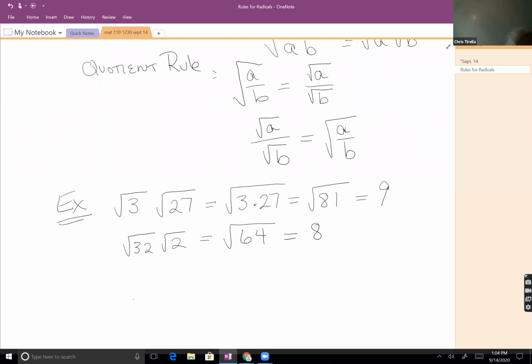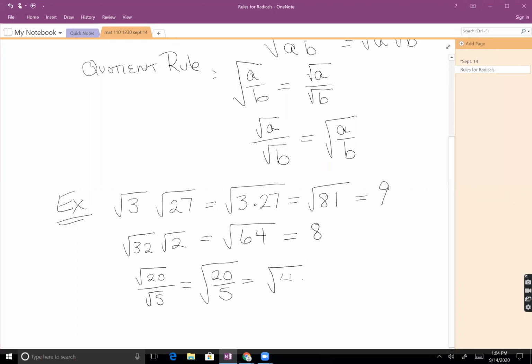Sorry about that. Next example, if I have the square root of 20 divided by the square root of 5, because they're both square roots, I can think of that as the square root of 20 divided by 5. 20 divided by 5 is 4, and the square root of 4 is 2.